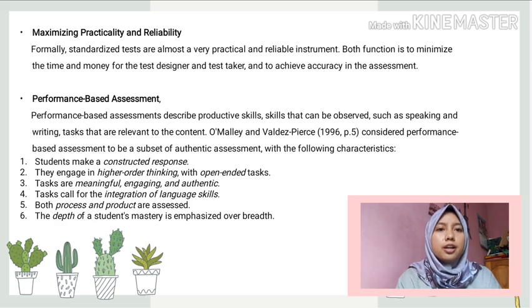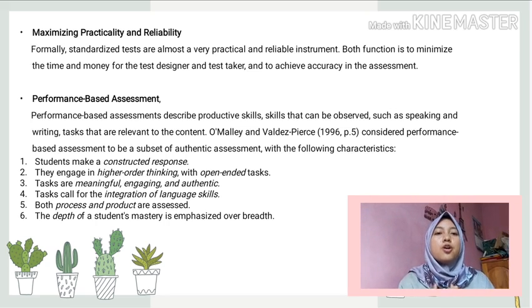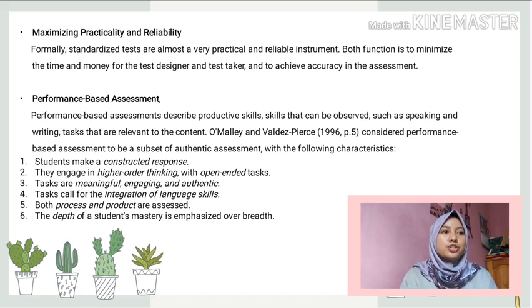When we look at alternatives in assessment in this chapter, we must pay attention to Brown and Hudson's warning to examine the practicality, reliability, and validity of these alternatives at the same time as we celebrate their face validity, washback potential, and authenticity.